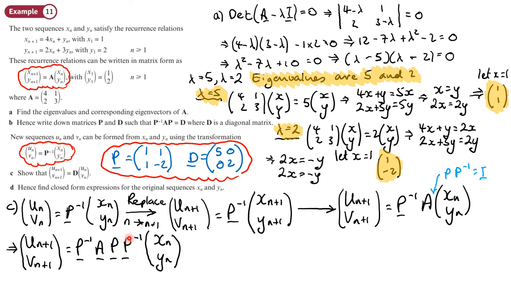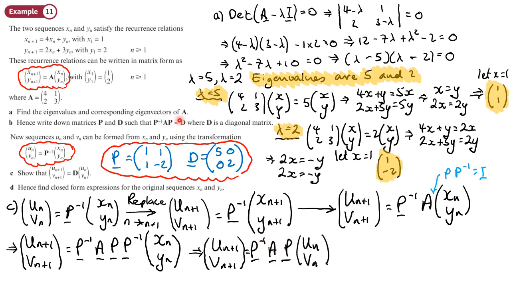Now I've done that, and I noticed that this here is this, isn't it? So this can be substituted for un vn. So we'll do that next. So un plus 1, vn plus 1. Then we've still got the P inverse AP, but then the P inverse xn yn can be changed to un vn. Now we know what this equals.